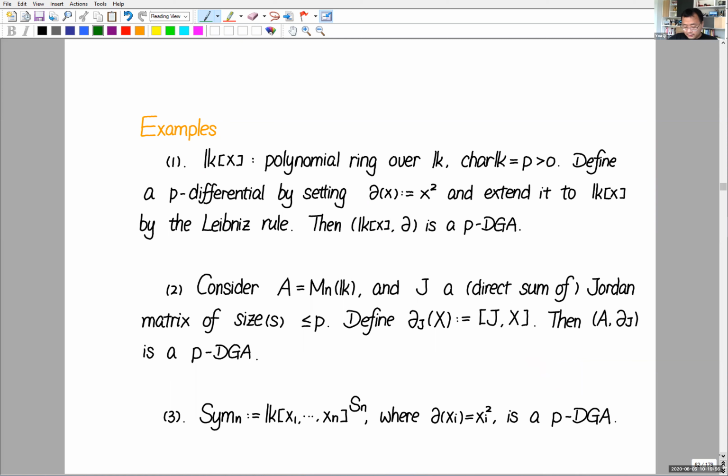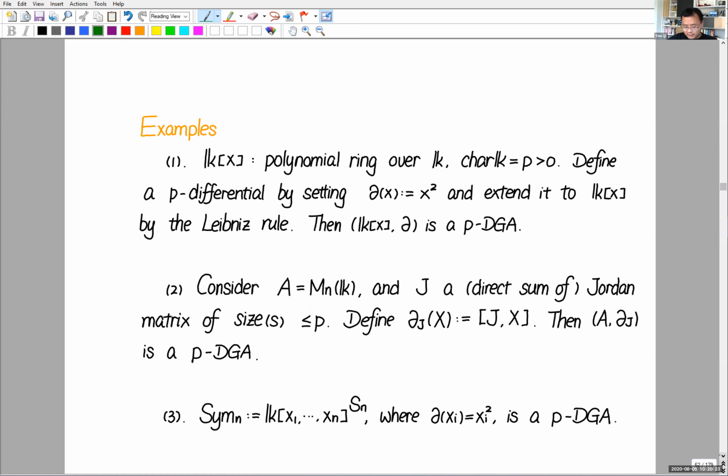And thirdly, when you take the first example and take n copies of its tensor product, you get a differential graded algebra action, a d action on the n-variable polynomial ring. And because this action commutes with the symmetric group action permuting variables, if you set dx_i equals x_i squared for all i, it's invariant under permutation by the symmetric group elements.